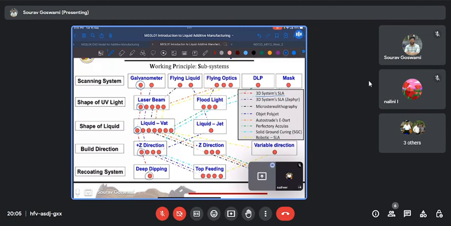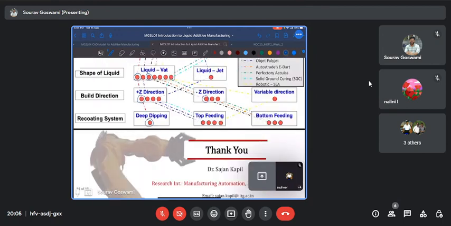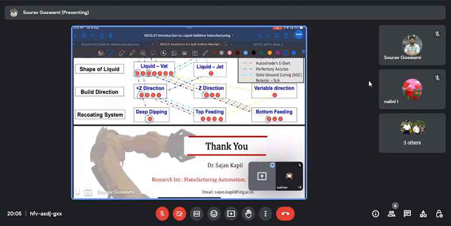So when you connect all these dots, you end up with 3D Systems SLA. Similarly, microstereolithography, which is another liquid AM process, utilizes flying liquid. So the nozzles travel in the XY plane, with a laser beam as the illuminating source, along with a vat, and the build progresses in the negative Z direction and utilizes bottom feeding. So mostly for every case where we will have negative Z direction, the feeding will be from the bottom.